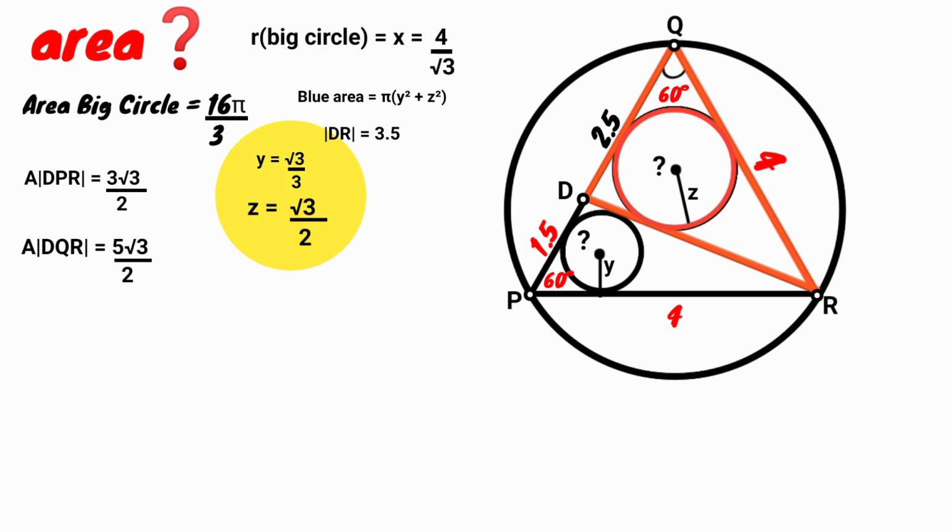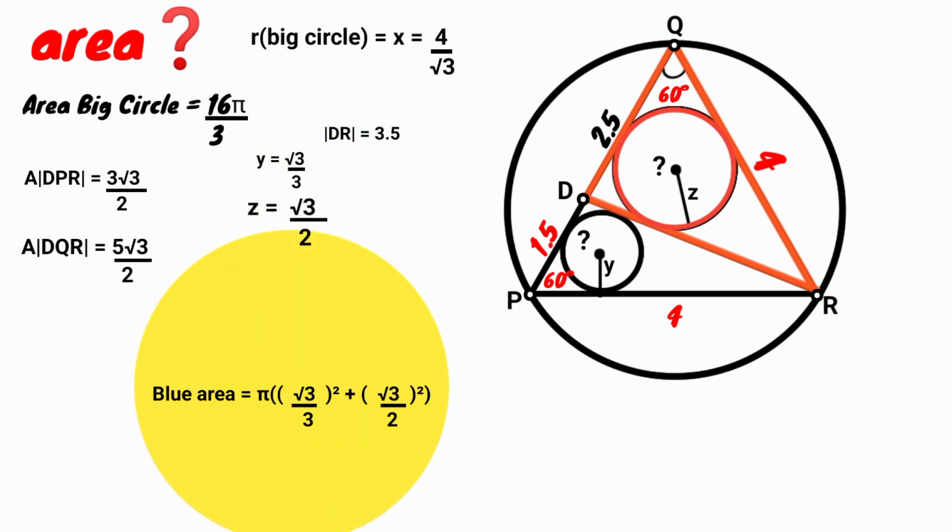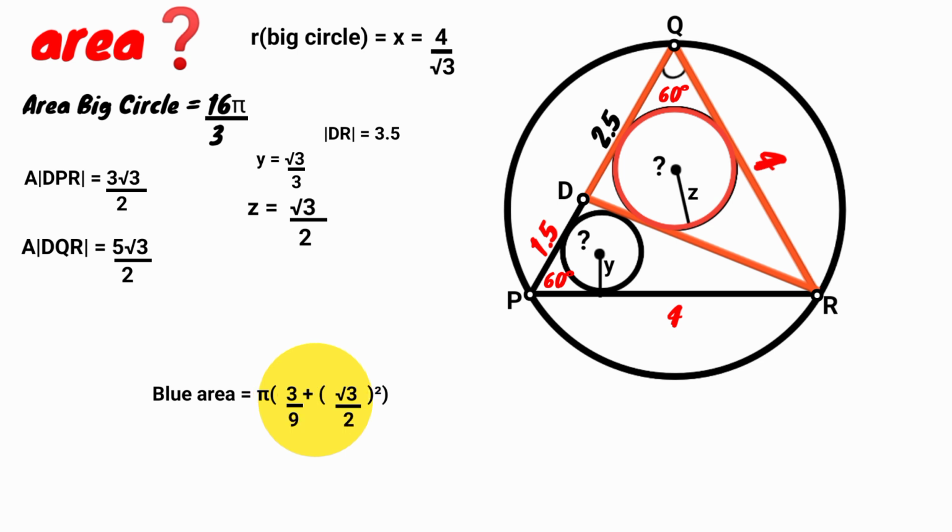We have y equal to root 3 over 3 and z equal to root 3 over 2. Substitute them here. (Root 3 over 3) all squared is 3 over 9. And (root 3 over 2) all squared is 3 over 4. Simplify into a single fraction. It is (4 times 3 plus 9 times 3) all over 36.